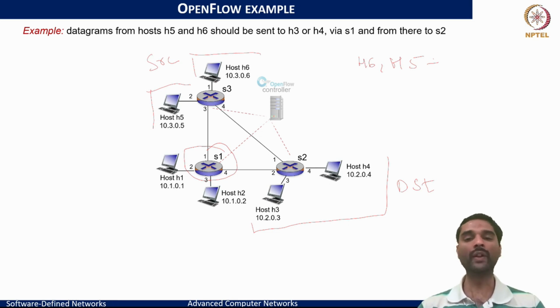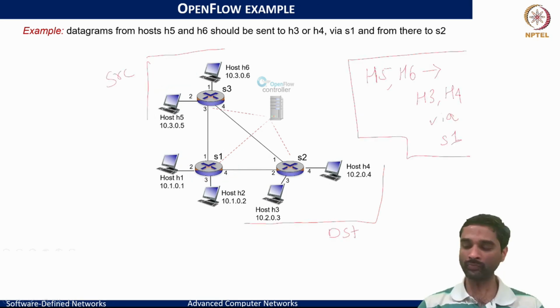And if we define this rule and then see how it would translate and how the update would happen in each of the cases, then the network operator can simply push an intent saying any traffic from H5, H6 that is destined towards H3 or H4 should be routed via S1.